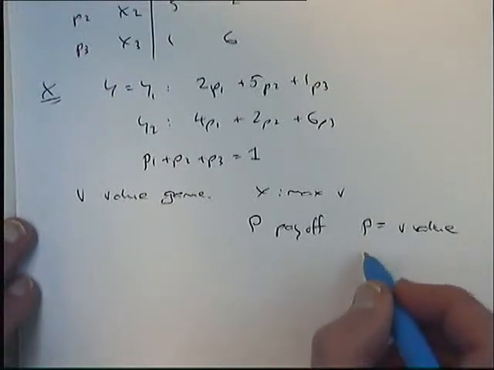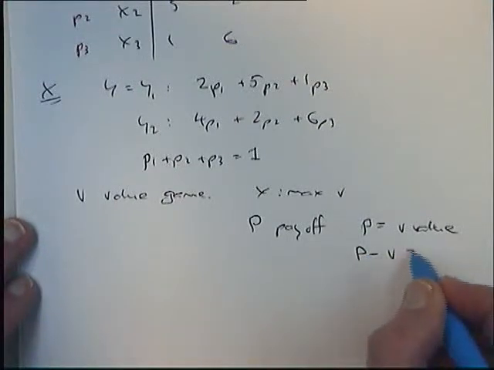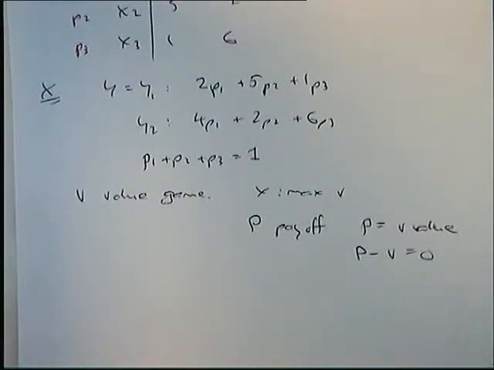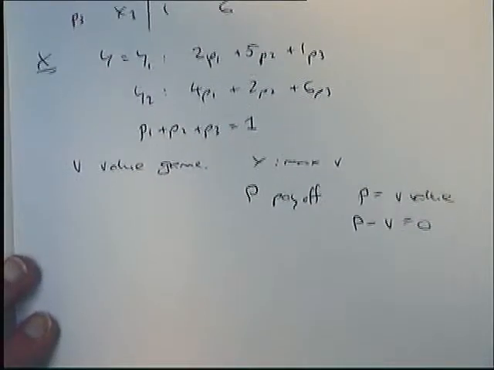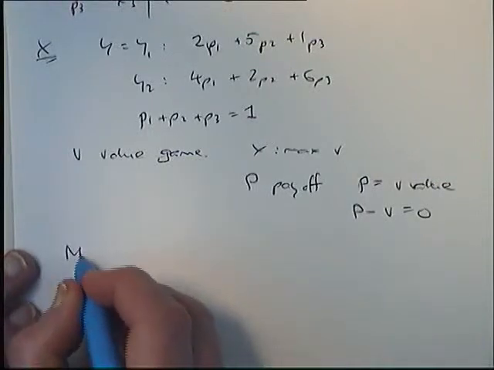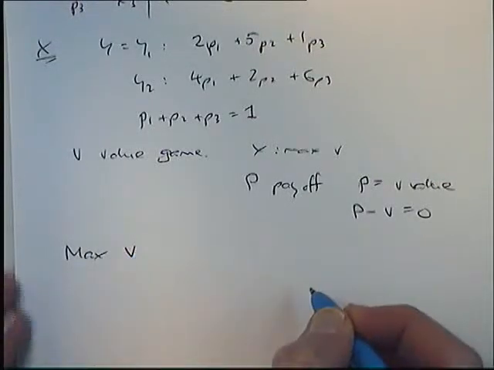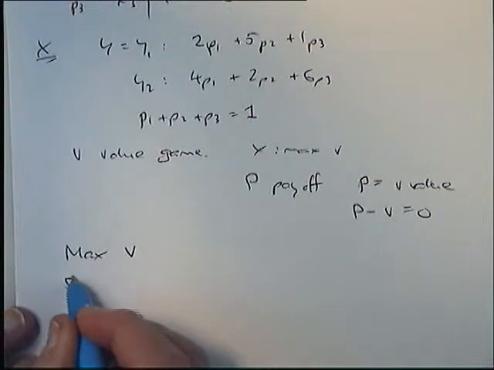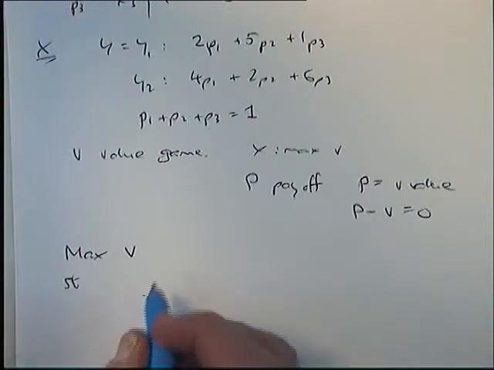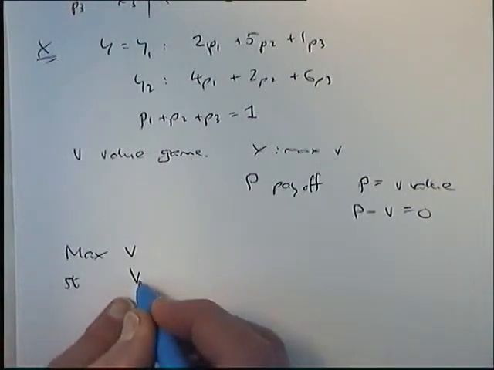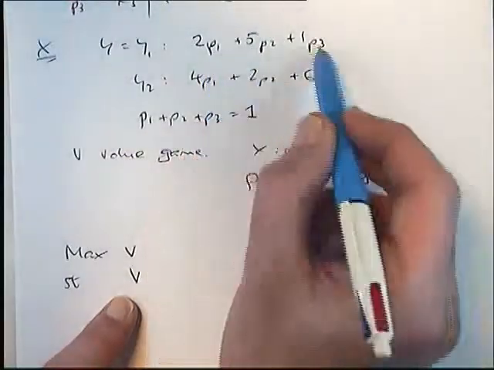So if P equals V, we also get P minus V must equal 0. Now this is something that you're coming into in a minute with the simplex. You can write this as a linear program. We are trying to maximise V, the value of the game, subject to these constraints. The value of the game has to be less than that.